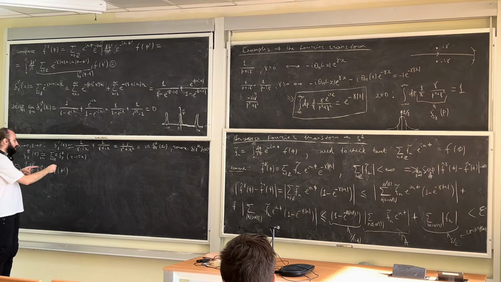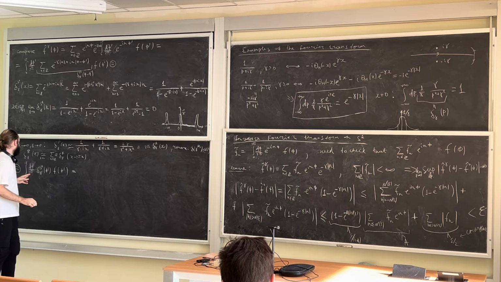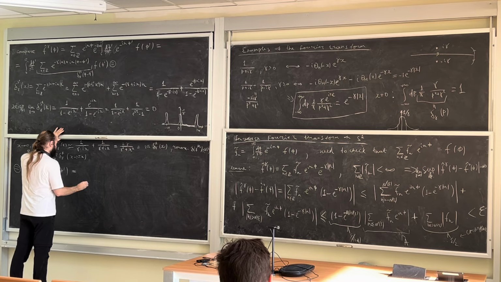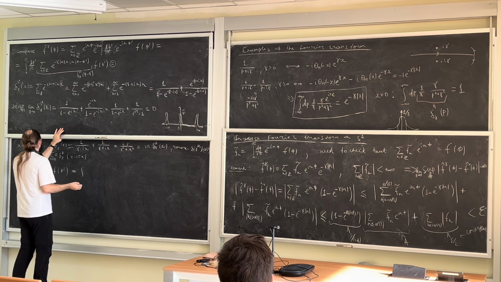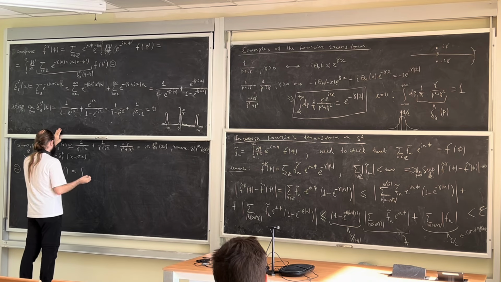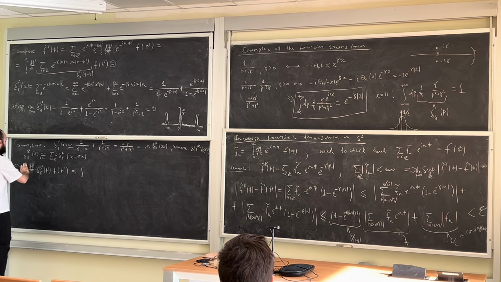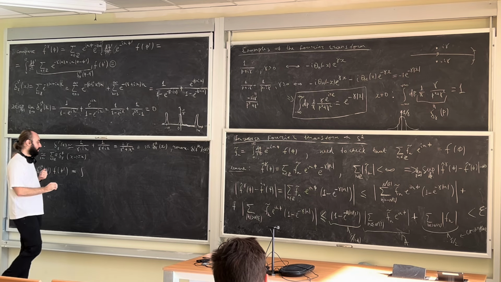So we can split this integral into two parts. Actually, since everything is periodic, we can write it as minus pi to pi. Maybe it's easier.